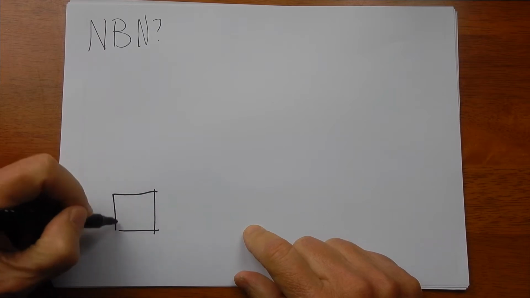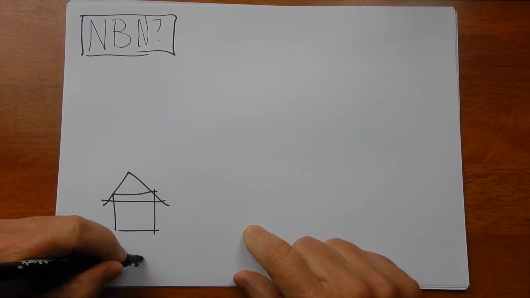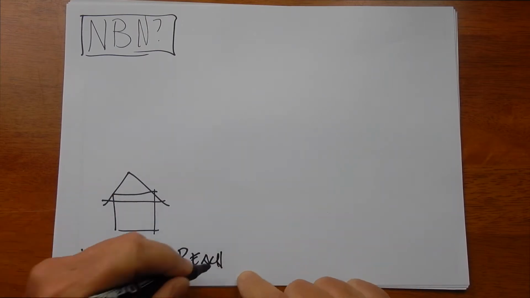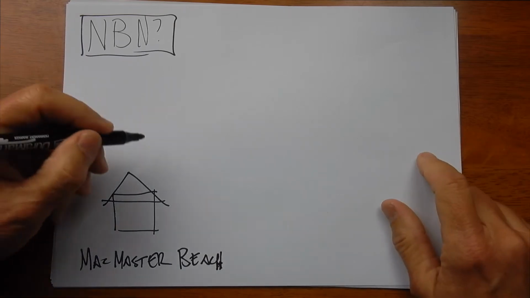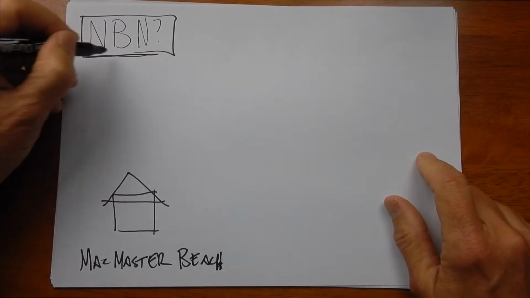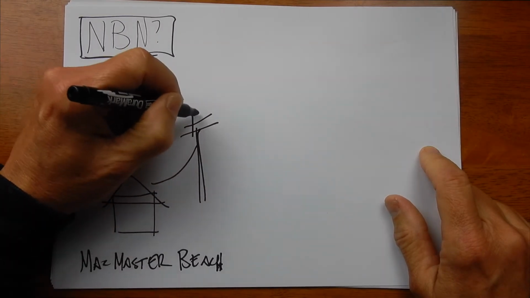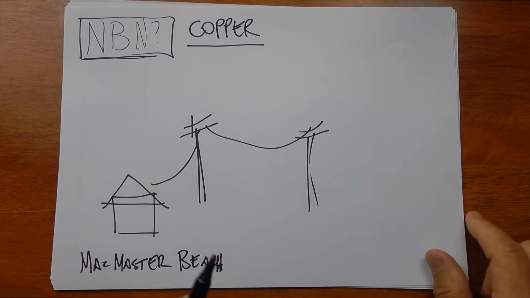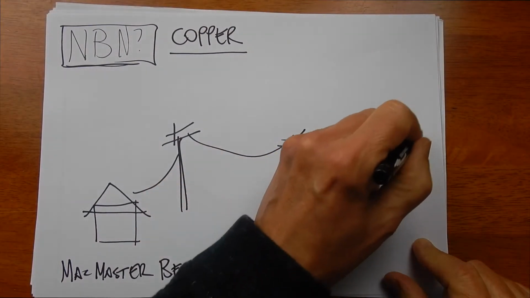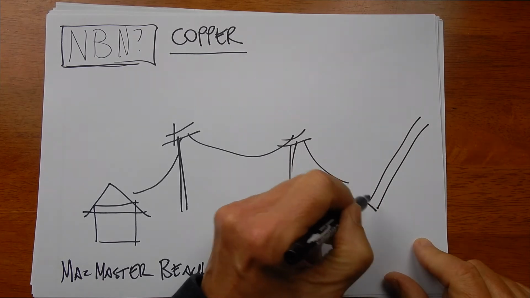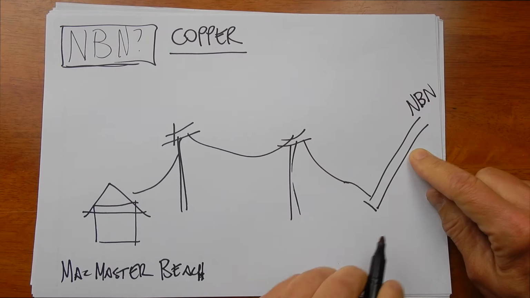Here's my house and the area we're talking about is McMaster's Beach, but I suspect that this might be true for any remote area that is connected to the NBN for internet services via telephone lines, copper, and the distance between the copper and then the fibre optic line. So the fibre optic line for NBN is really fast.